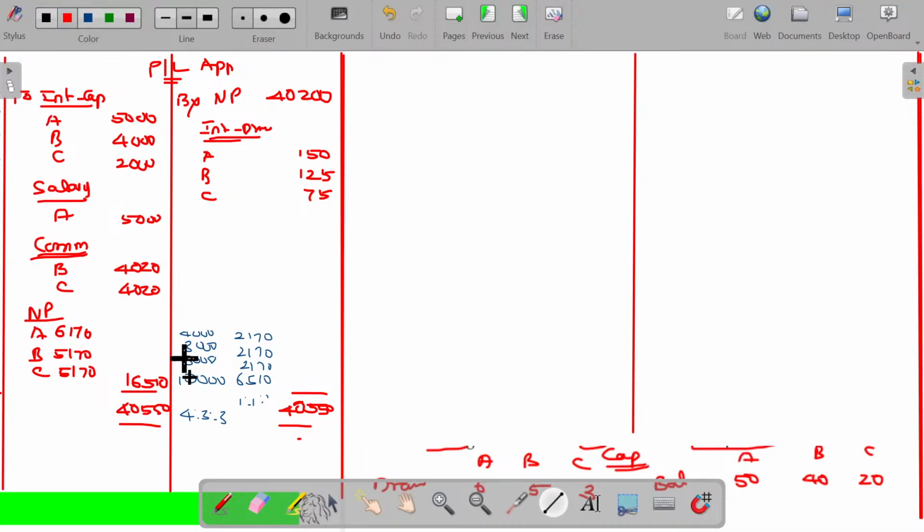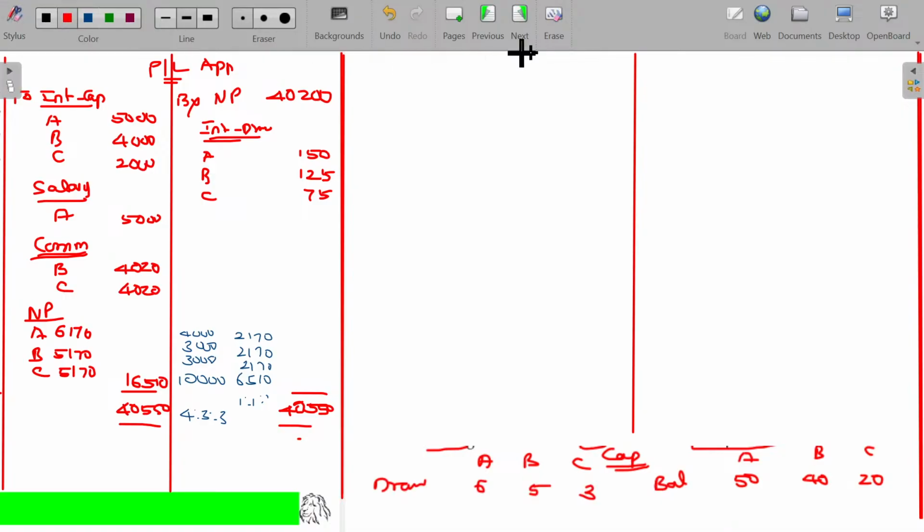Now, capital account: if I say only capital account, it represents the fluctuating capital account. You need not write fluctuating capital account. If you have been given capital account along with the current account, then that capital account is called fixed capital account. So here we have three partners, A, B, C.